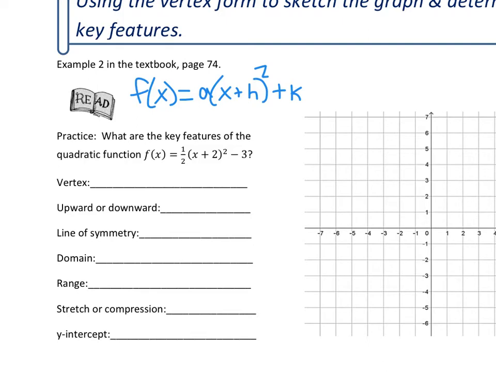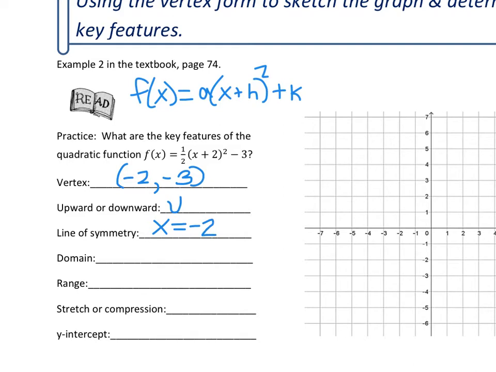So I can read my vertex right off of the equation. I've got a vertex of -2, -3. It is upward facing, and we have a line of symmetry that's going to go straight through that x coordinate there, and our x coordinate on that vertex is -2, so our line of symmetry is going to be x equals -2.